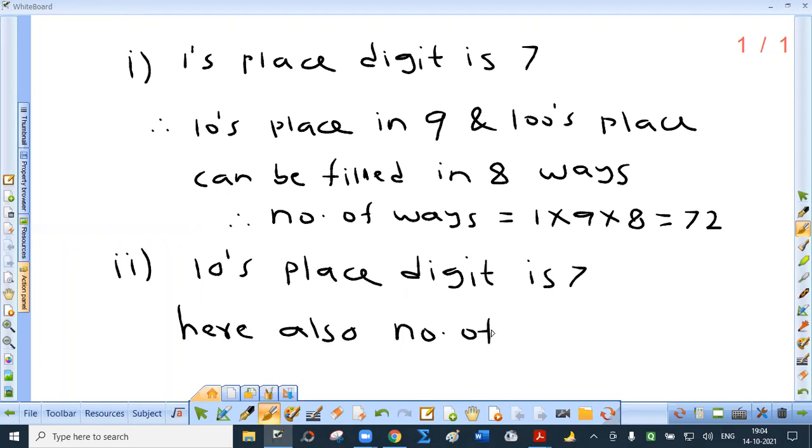Here also the number of ways: units place 9 ways, tens place 1 way, and hundreds place 8 ways. That is 72.